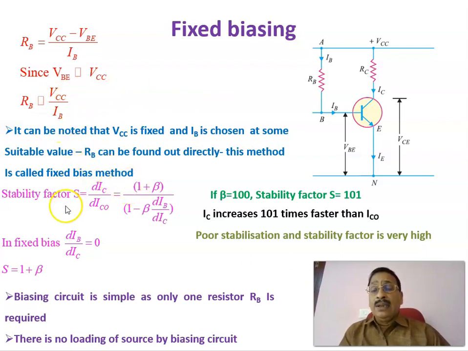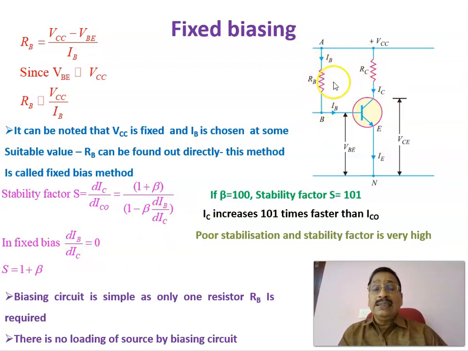Now, the stability factor, we have already derived the equation: stability factor S equals dIC by dICO, which is equal to 1 plus beta divided by 1 minus beta dIB by dIC. To find the stability factor, you have to find dIB by dIC in this type of biasing. In fixed biasing, dIB by dIC equals 0, because the base current and the collector current are not at all related.